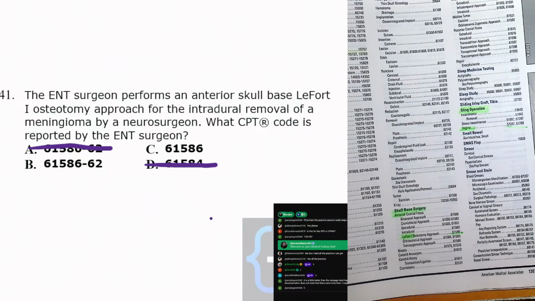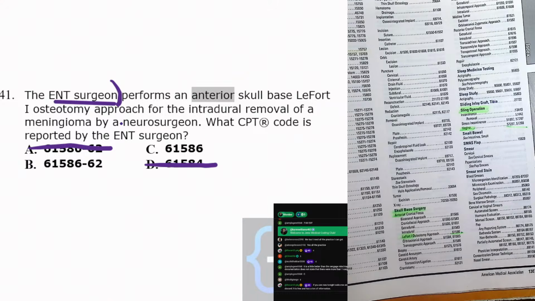The documentation does not state that there was more than one surgeon. According to Amy, ENT surgeon, it's singular word, it's not plural. One provider.